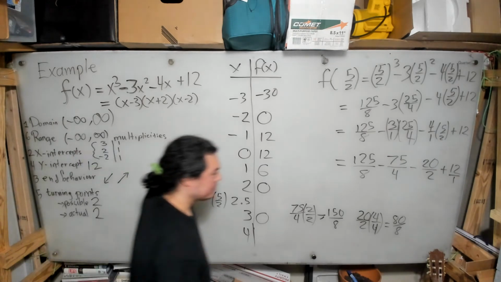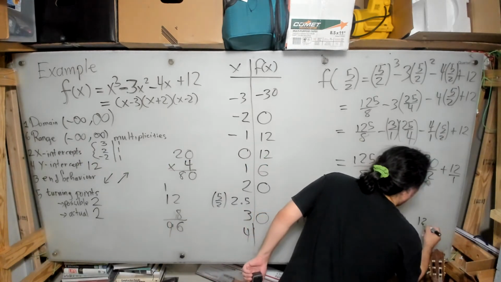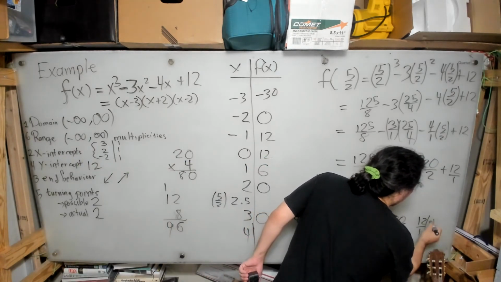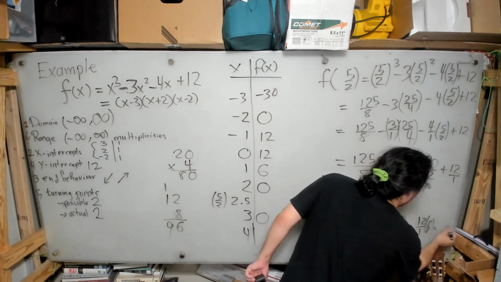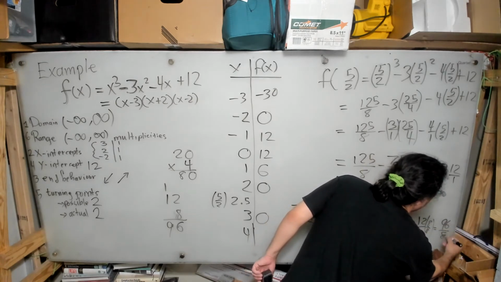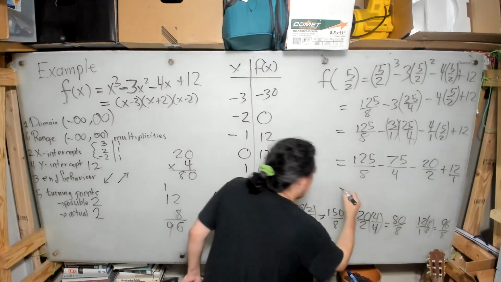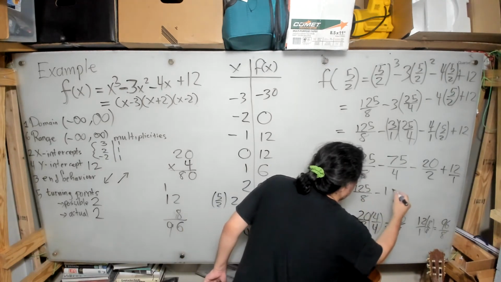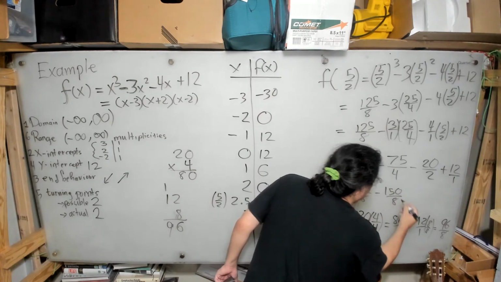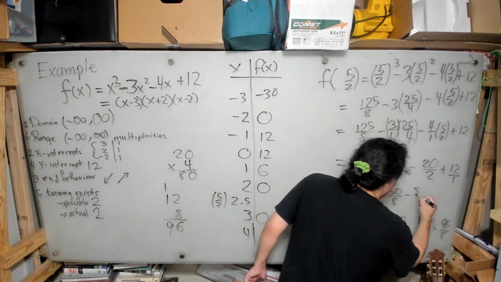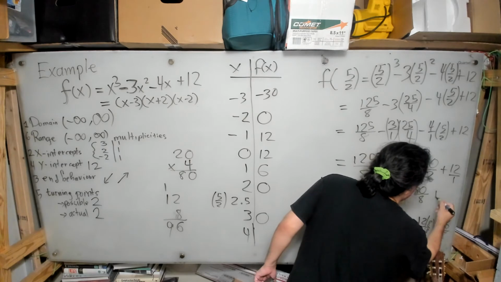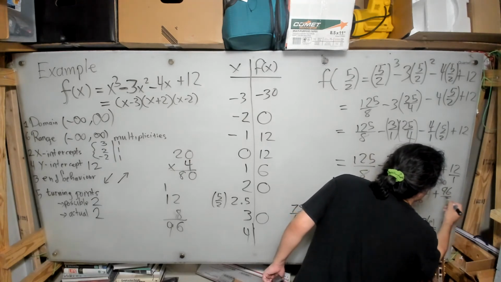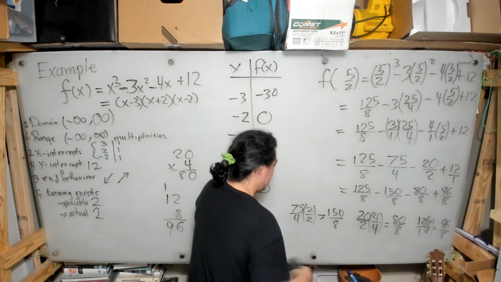So that's 96. So the 12 over 1, when I multiply the top and bottom by 8, I'm going to get 96 over 8. So I can rewrite this line as 125 over 8 minus 150 over 8 minus 80 over 8 plus 96 over 8. Okay?